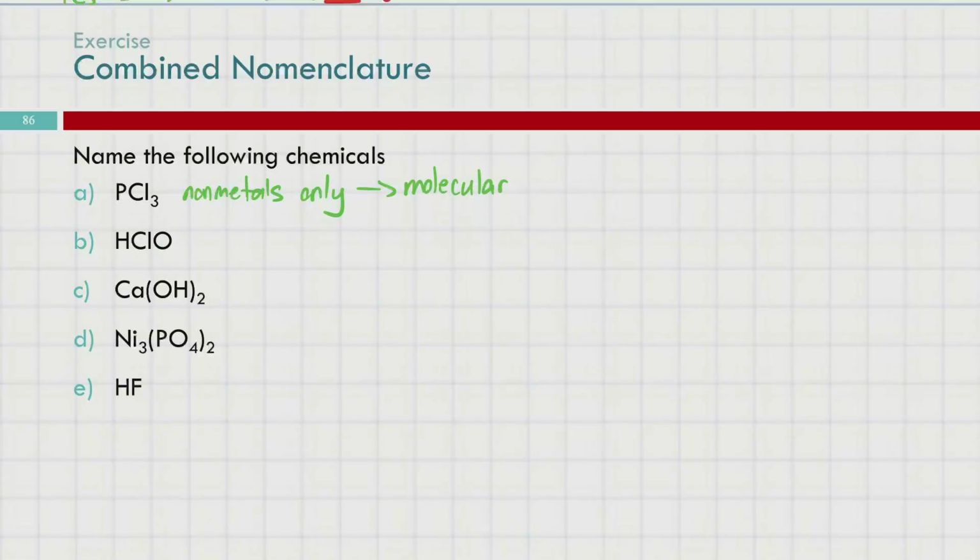And our special part about molecular compounds is prefixes. We need to add prefixes based on the number of each thing that we have. For our first element, the phosphorus, we have one of them. And our rule is that if it's the first one, we omit the mono. So this is just phosphorus.